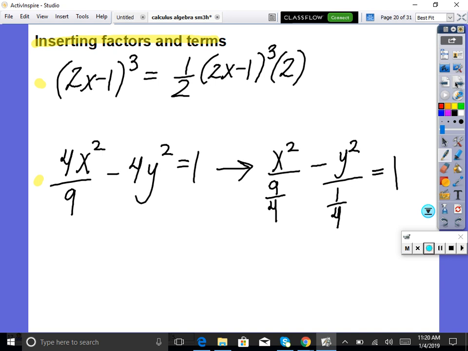Okay, awesome. Are these the same? Yes. How do you know? Right here, wouldn't you flip and multiply, giving you 4 9 x squared? Wouldn't you take this one forward, flip and multiply, giving you negative 4y squared? Yeah?